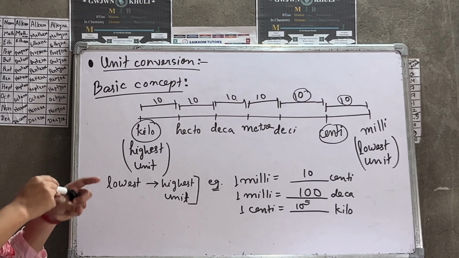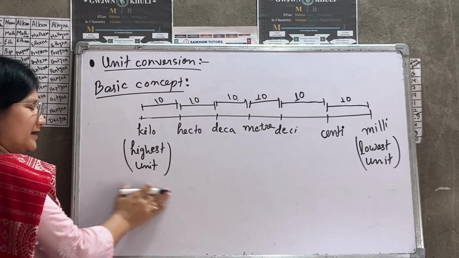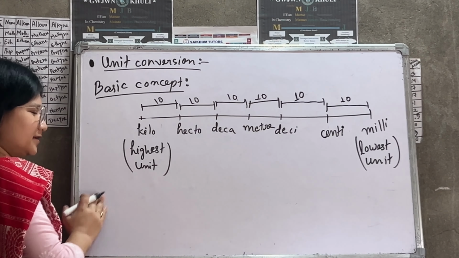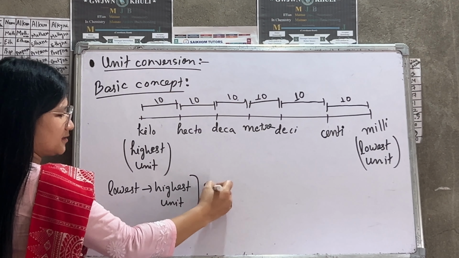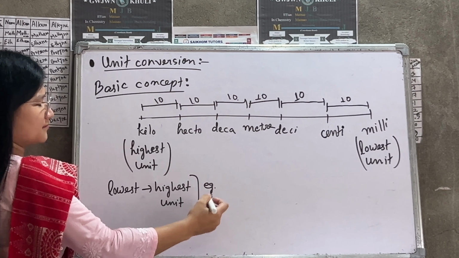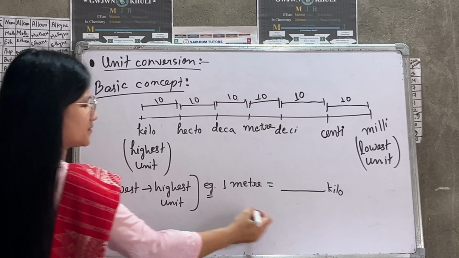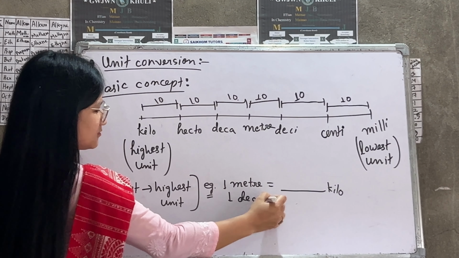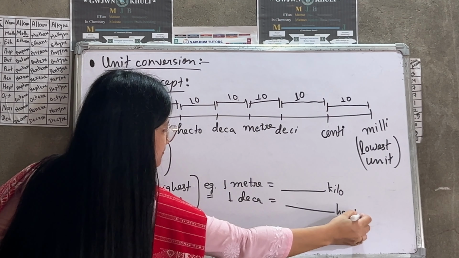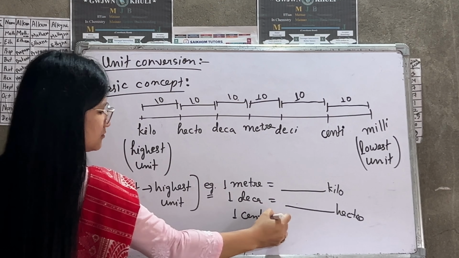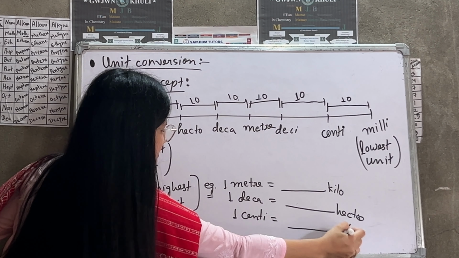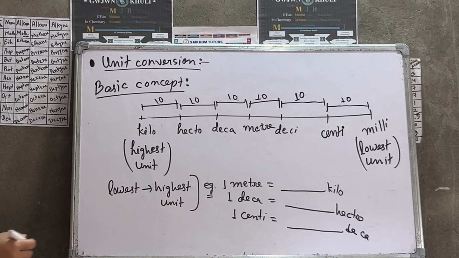Clear? Okay. So now to convert lowest to highest unit, let's take an example. 1 meter to kilo, and 1 deca to hecto, and 1 centi to deca. What is the value?